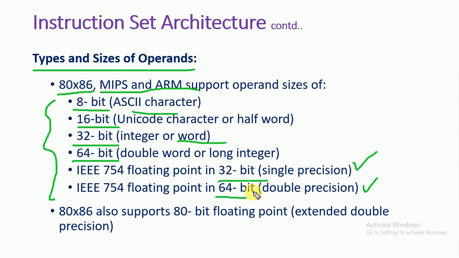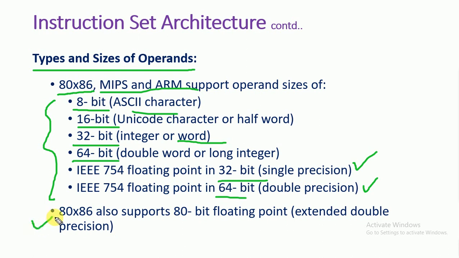The sizes: for ASCII we use 8 bits, Unicode 16 bits, integer or word 32 bits, double word or long integer 64 bits, single precision floating point 32 bits, and for double precision 64 bits for the operands.